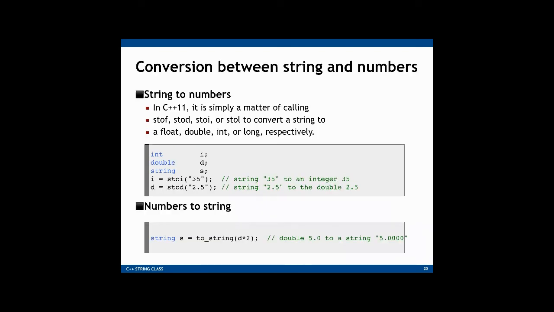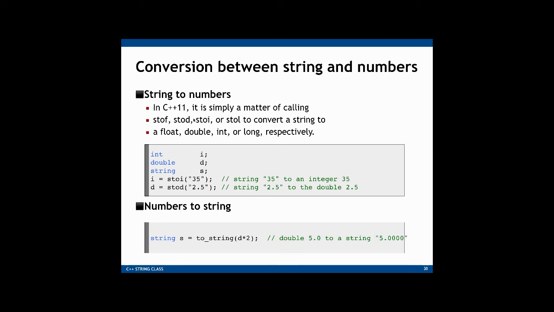And prior to C++11, it was not easy to convert string types to numbers. But starting from C++11, many useful functions are included so that now we can easily convert a string to a number by calling a function.